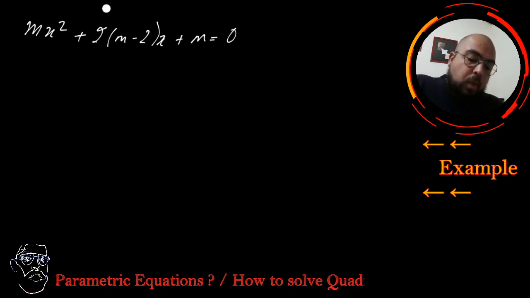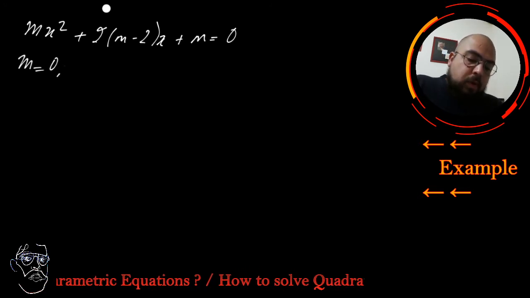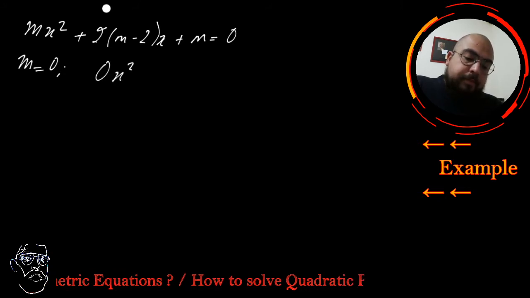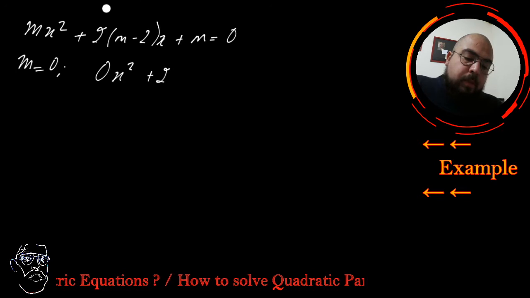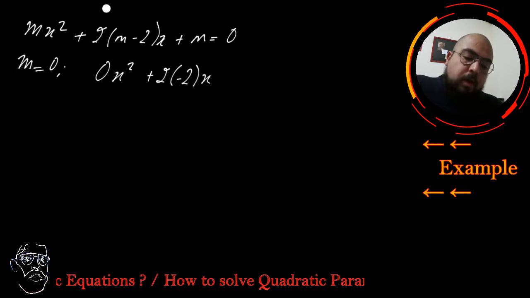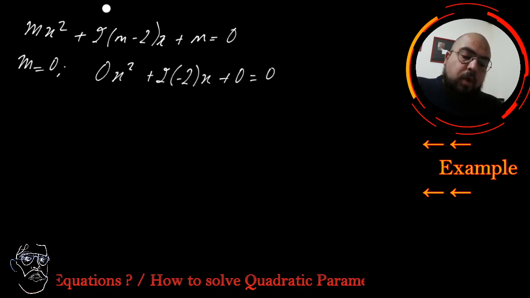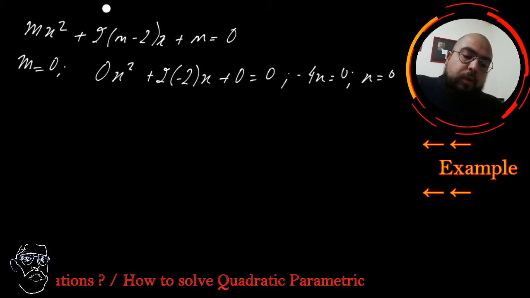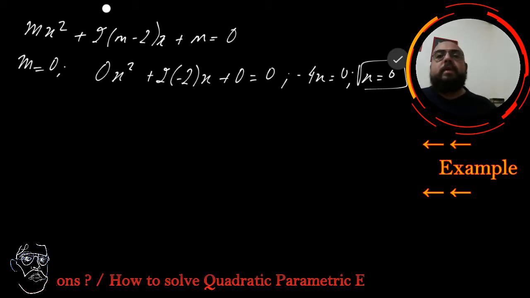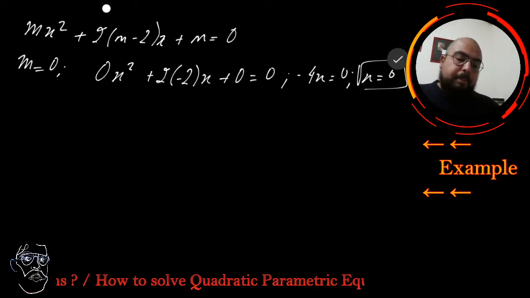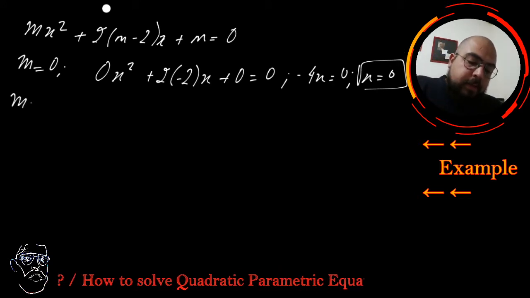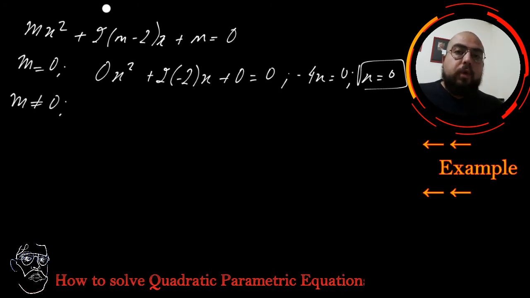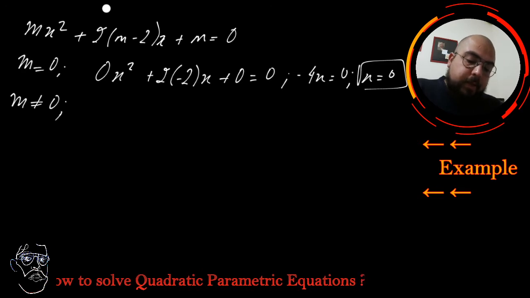So you say whenever m is equal to 0, your equation will be transformed to 0x squared plus 2 times minus 2x plus 0 equal to 0, which means minus 4x is equal to 0, so x is equal to 0. It will be a linear equation, you can solve it directly. Now, whenever m is different than 0, the equation will remain quadratic. You will have to pass through delta.